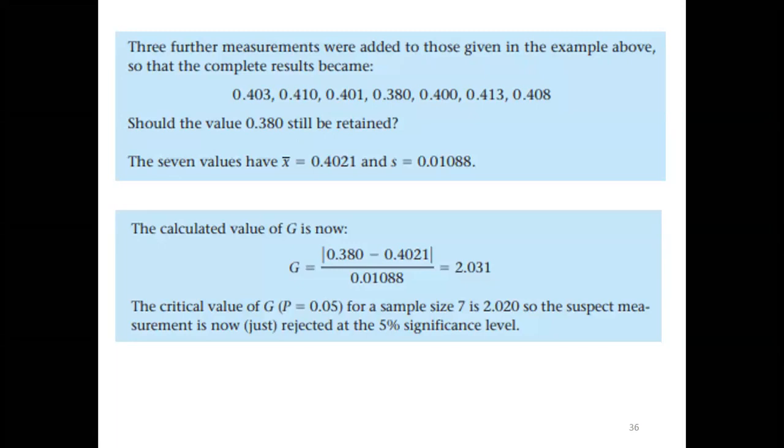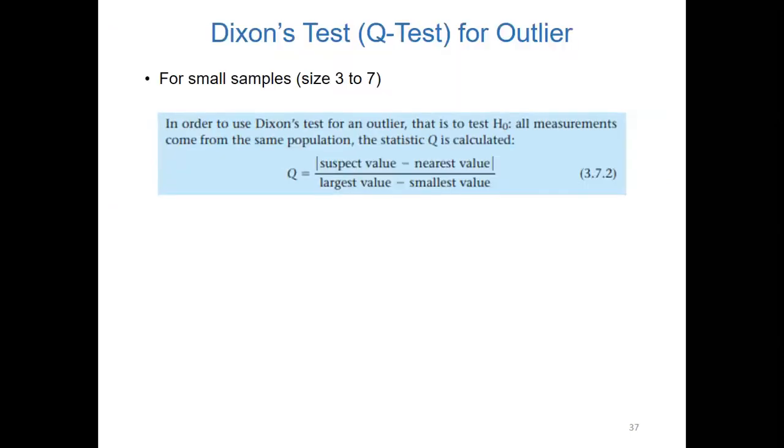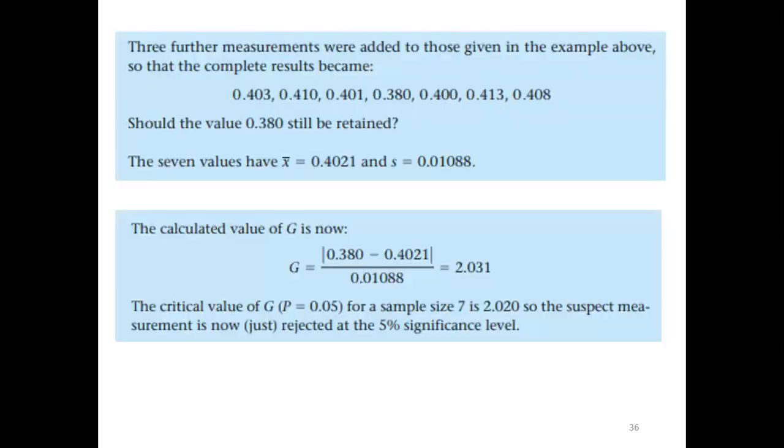If the calculated value is less than the critical value, we keep the hypothesis. If the calculated value is greater than the critical value, we reject the null hypothesis. It's simply the same thing we have to do. Right? Okay, so that is for outlier testing using the G statistic.